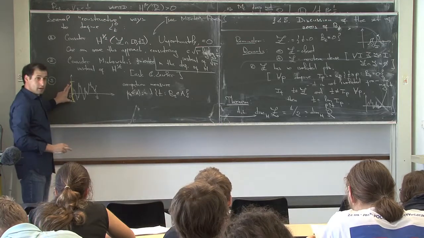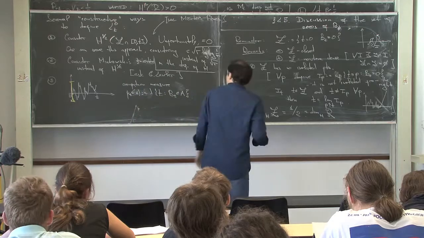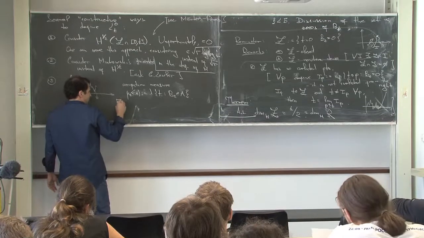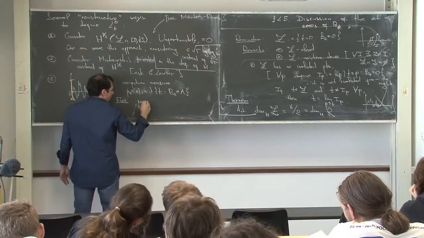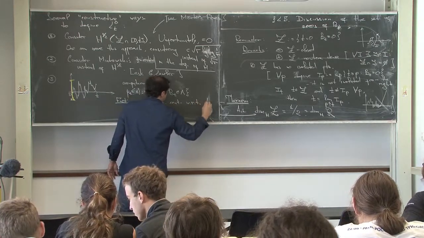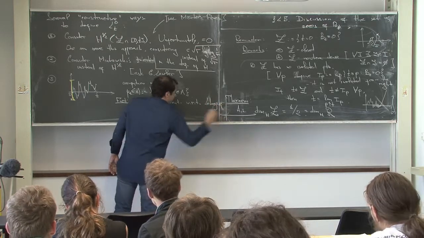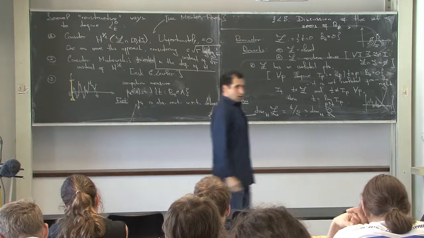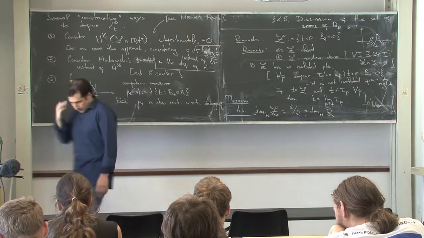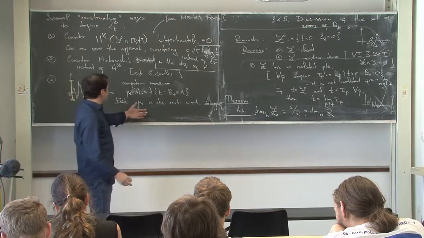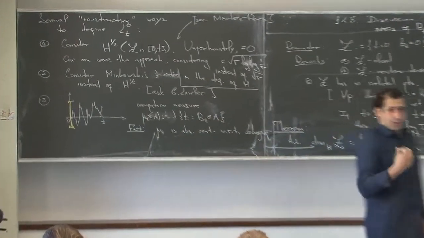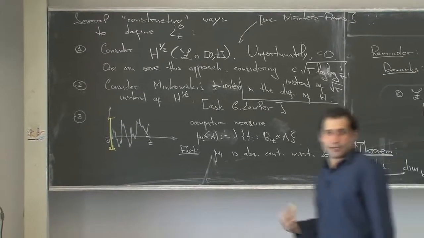So you have something on the y-axis, and then what's true is the fact that mu t is absolutely continuous with respect to Lebesgue. This is not a hard claim. Again, just see Mörters and Peres. Then a tempting idea is just to say, okay, let me take the density. If I have a measure which is absolutely continuous with respect to Lebesgue, then I can consider the Radon-Nikodym derivative.